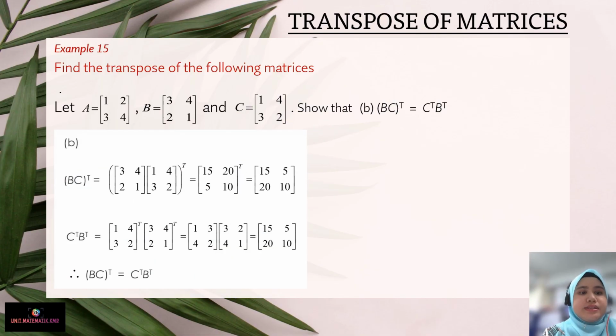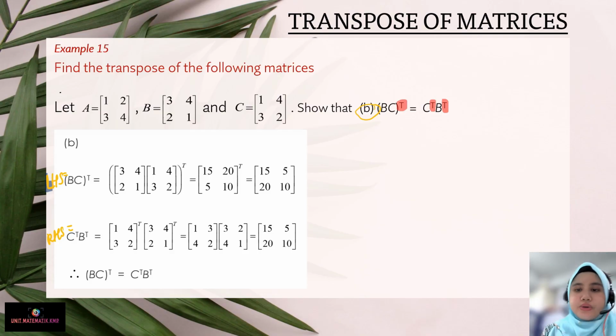Let's continue with question B. We have (BC) transpose equals C transpose B transpose. Show that. It's the same thing as question part A. We start with our left hand side and right hand side.